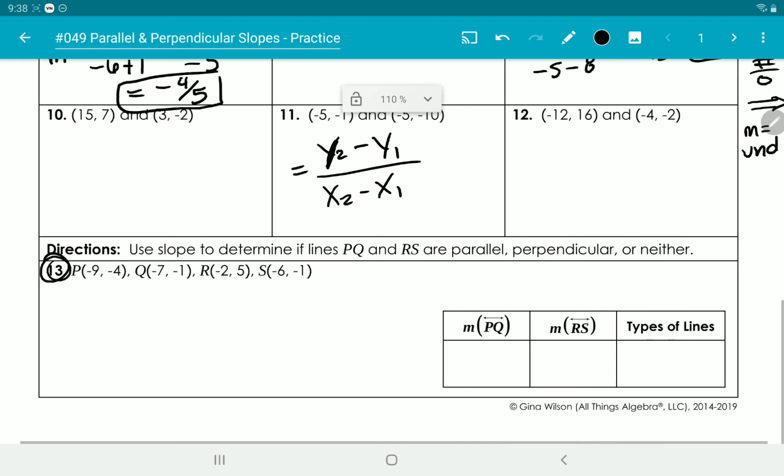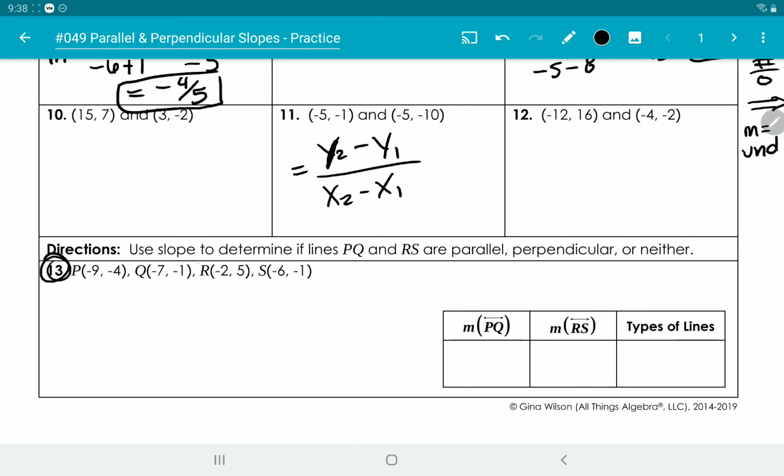Alright, and now we're going to look at number 13, and we're going to split it again in between the first 2 points and the last 2 points. We're going to determine the slopes, x1, y1, x2, y2, x1, y1, x2, y2. So looking at the first one, we have that the slope here is y2 minus y1. We have y2 is negative 1 minus negative 4 is y1.